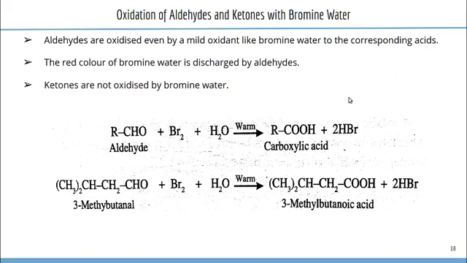In all the cases of mild oxidizing agents, they do not react with the ketone, they only react with aldehydes and undergo oxidation. So we can distinguish aldehydes and ketones with mild oxidizing agents.